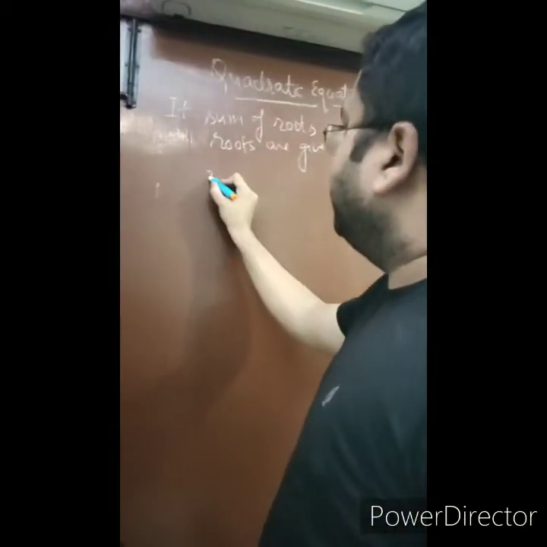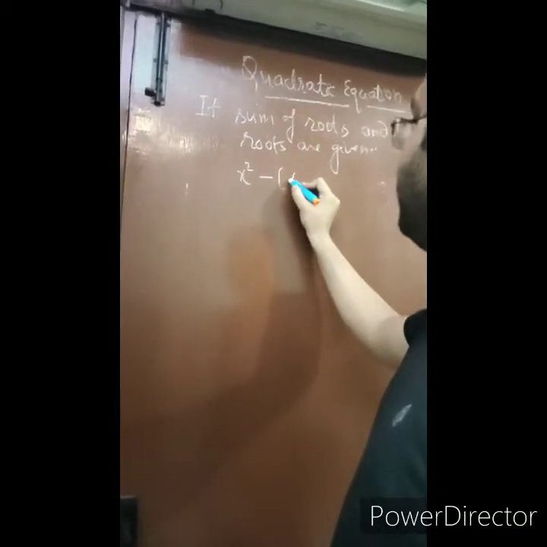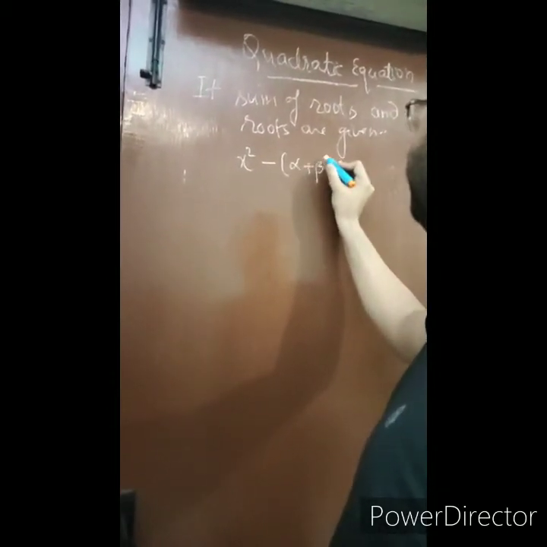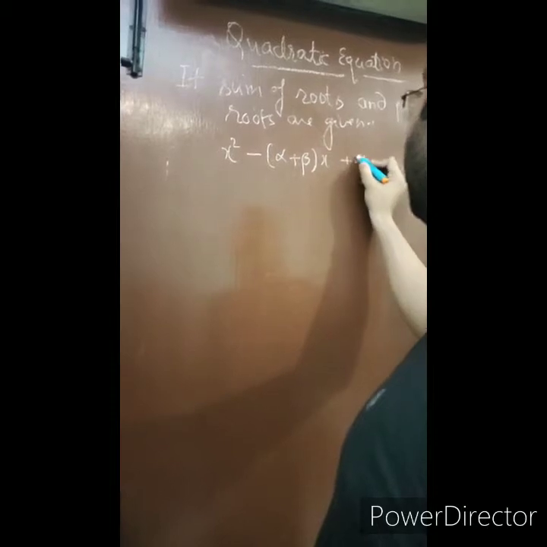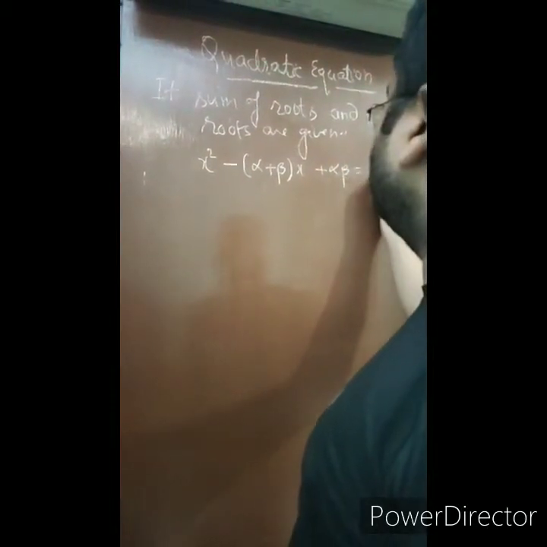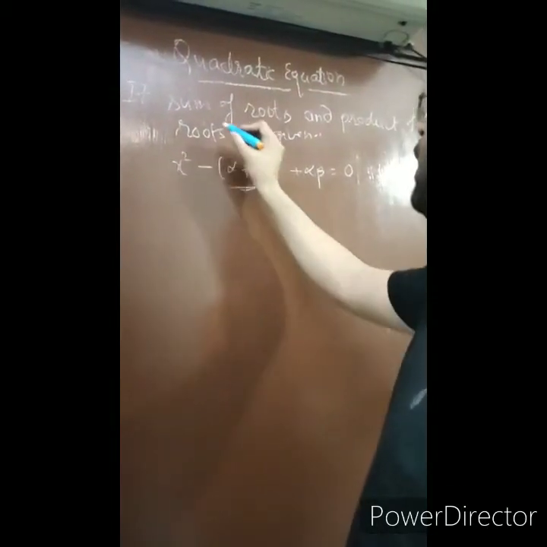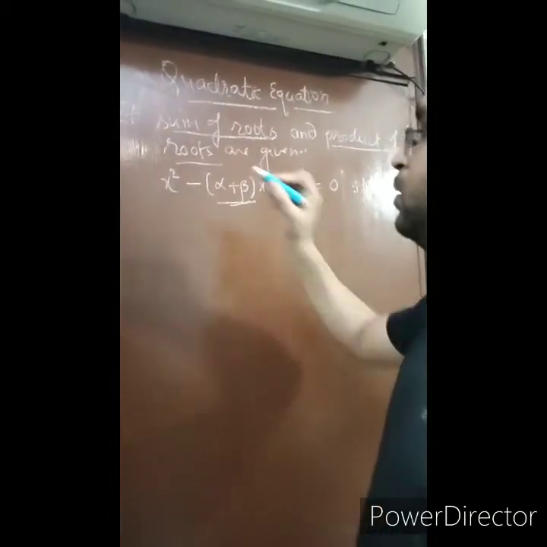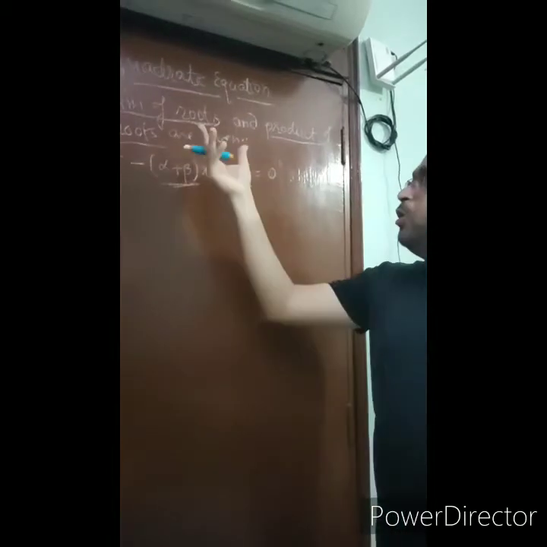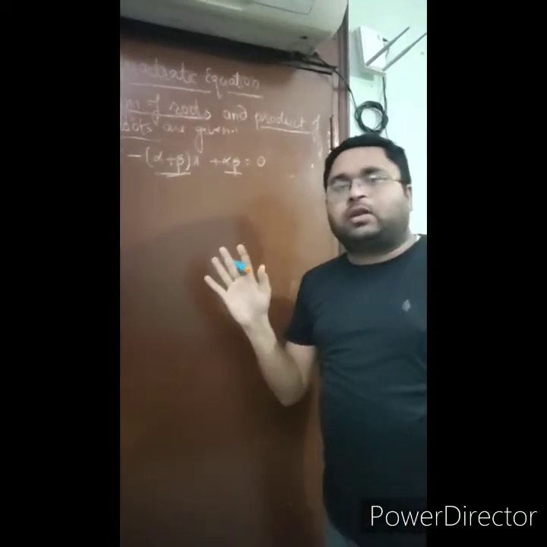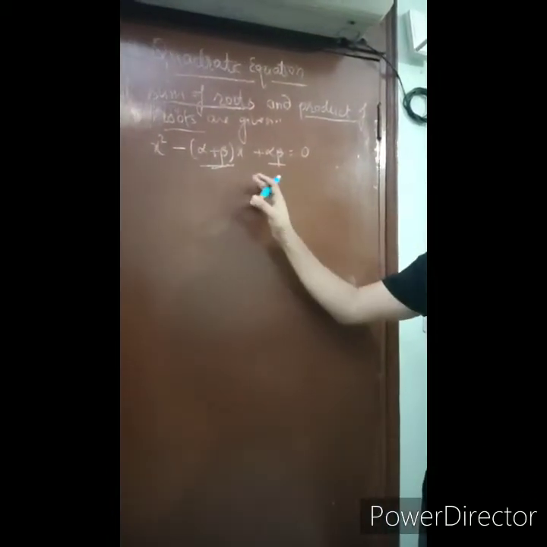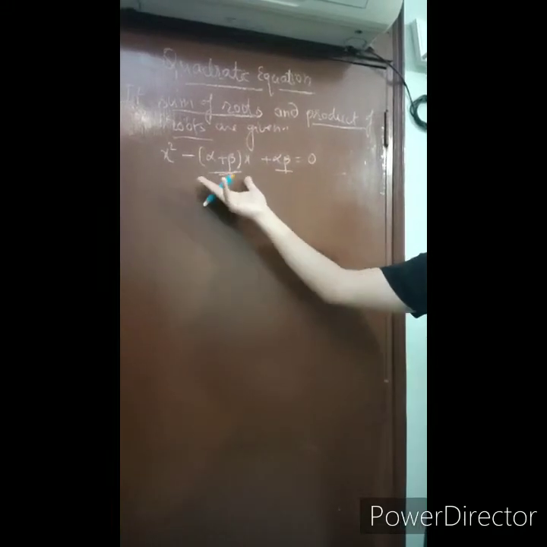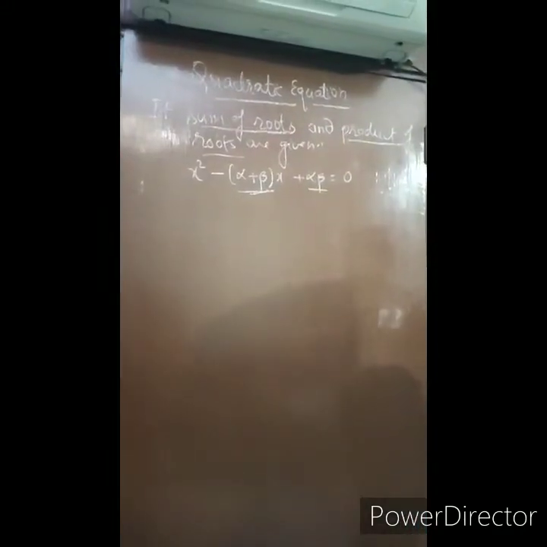We can write it as x square minus alpha plus beta into x plus alpha beta becomes equal to 0. Here alpha plus beta is the sum of the roots and alpha beta is the product of the roots. So if both the sum of roots and product of roots are given, you can write the equation in this form, x square minus alpha plus beta x plus alpha beta.